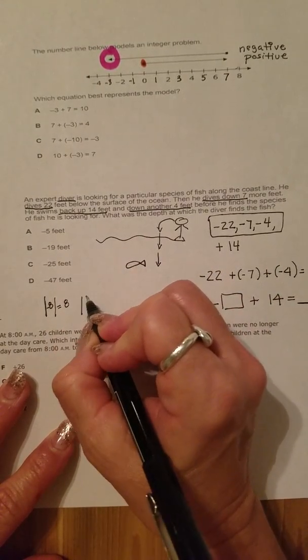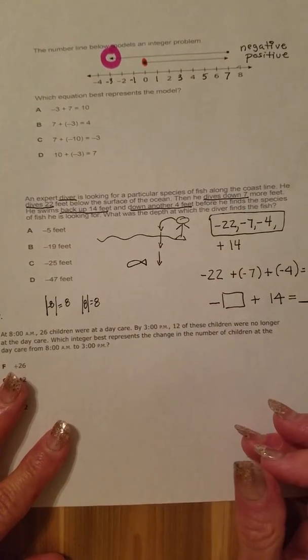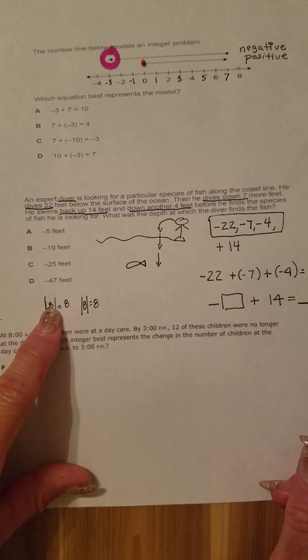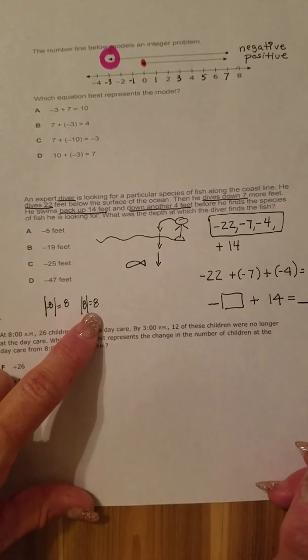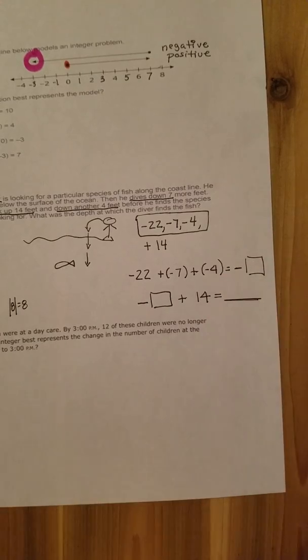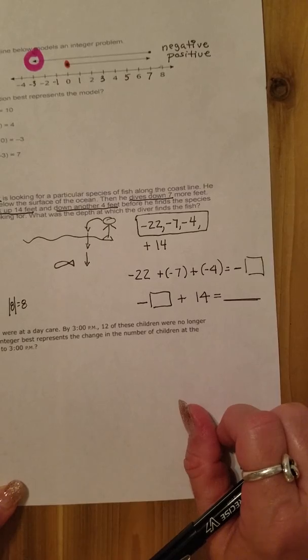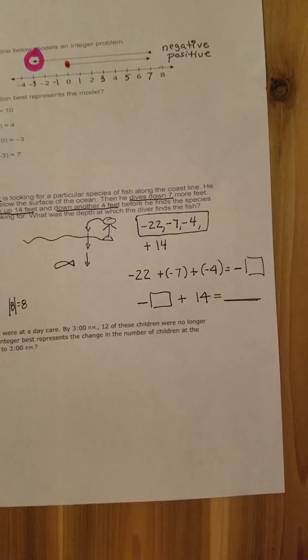The absolute value of 8 is equal to 8. It's not its opposite. It's how far is -8 from 0? How far is 8 from 0? So you take these numbers and you find the larger absolute value, and that would be your sign, and then you just subtract, okay?